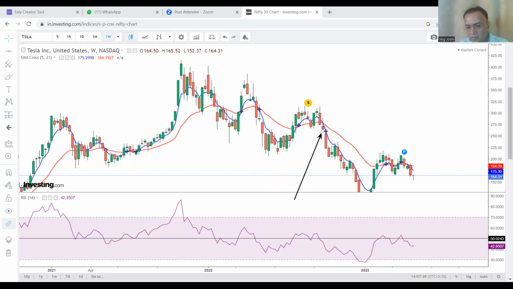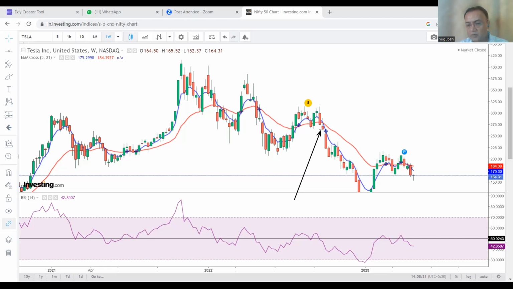Whenever price closes below the weekly and monthly moving average, it indicates a weak scenario in the market, because the current price is below the average of 5 days and 21 days, or 5 weeks or 21 weeks. It clearly indicates weakness in the stock.